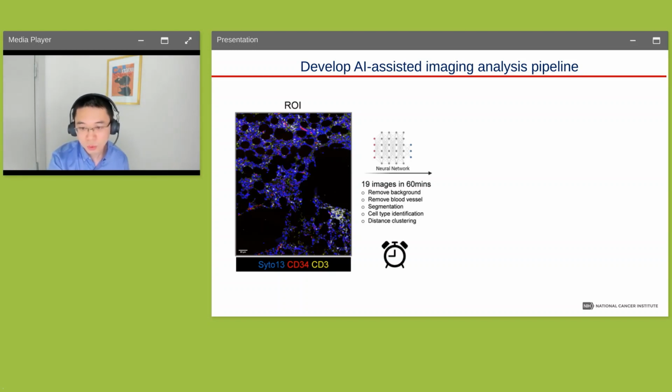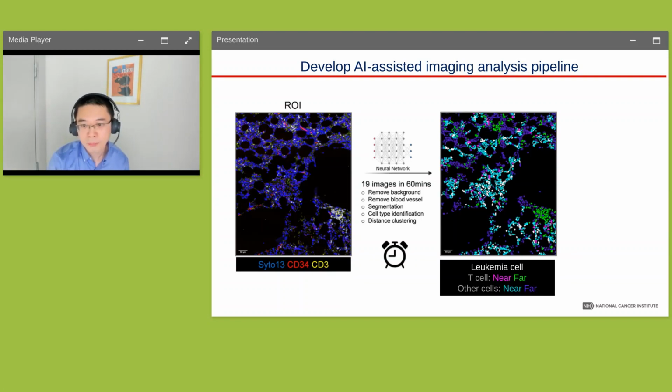In order to do this, we developed an AI-based algorithm using a neural network, which allows us to remove the background, remove the blood vessels, do the instance segmentation, identify different cell types based on their surface markers, and then perform the clustering.